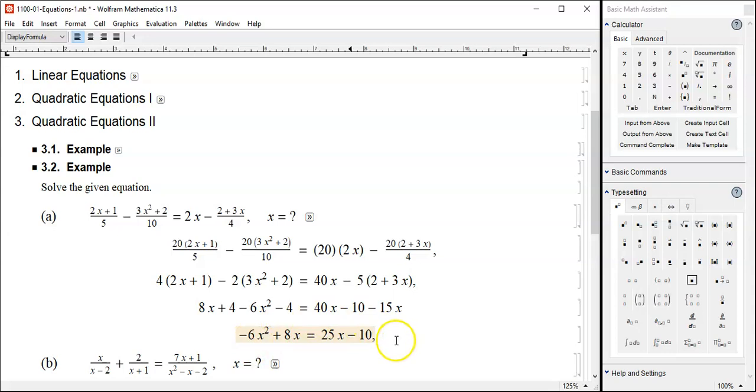Multiply -1 to each, then I'm going to get 6x squared minus 8x is equal to -25x plus 10, like this. And then you can go ahead, because now the leading coefficient is positive, it's a lot easier this way. Flip this -25 to the other side.